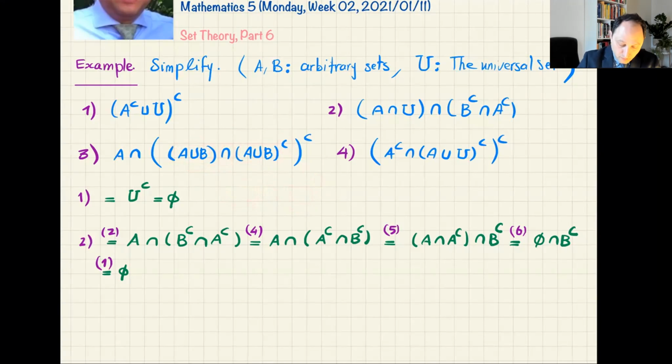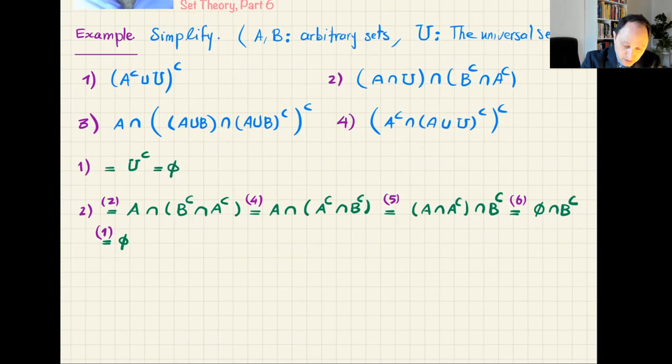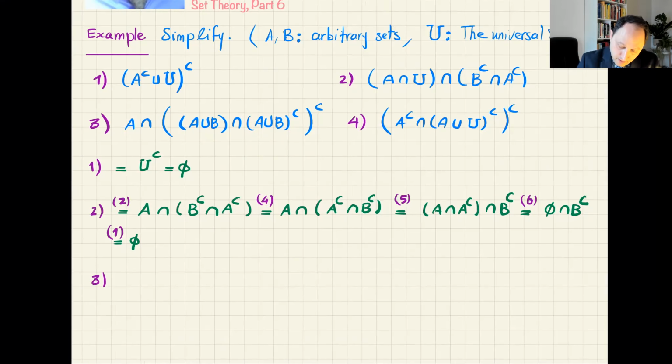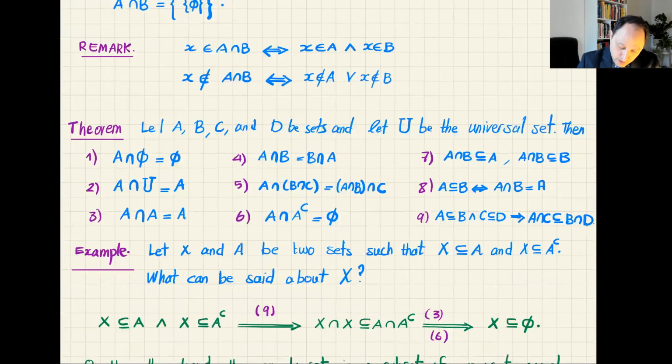Yes. So let me write it here in this form. So number 3, I would say based on number 6, yes, what was that number? Intersection, yes, that was number 6.